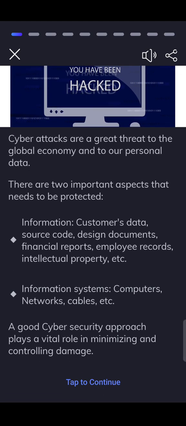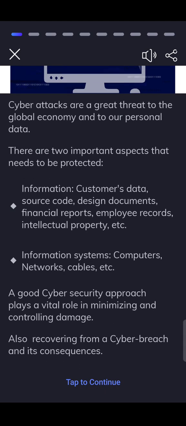A good cybersecurity approach plays a vital role in minimizing and controlling damage, and also in recovering from a cyber breach and its consequences.